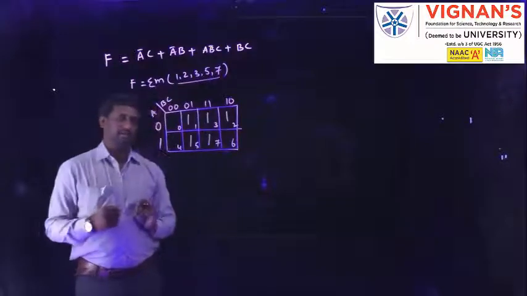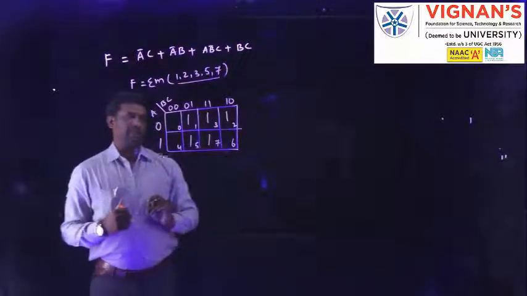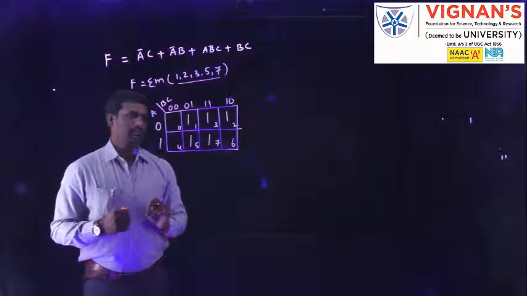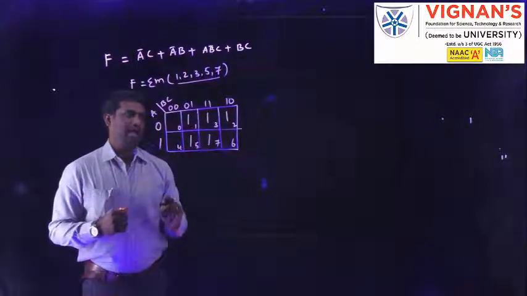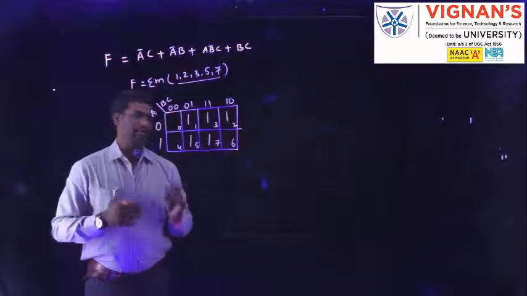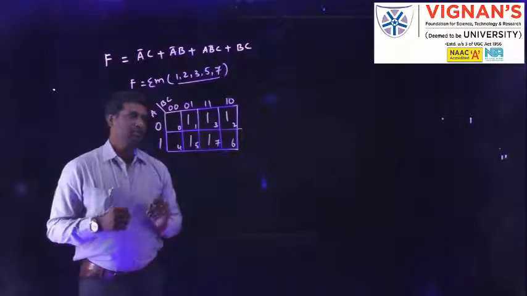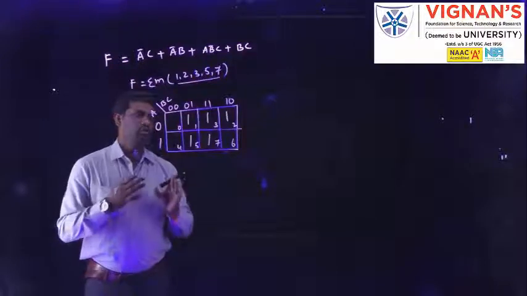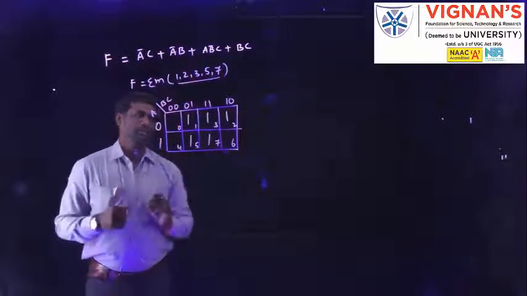Now simplification. In order to simplify this K-map, I am again using the grouping method only. If you observe, there is a group of 4 ones.